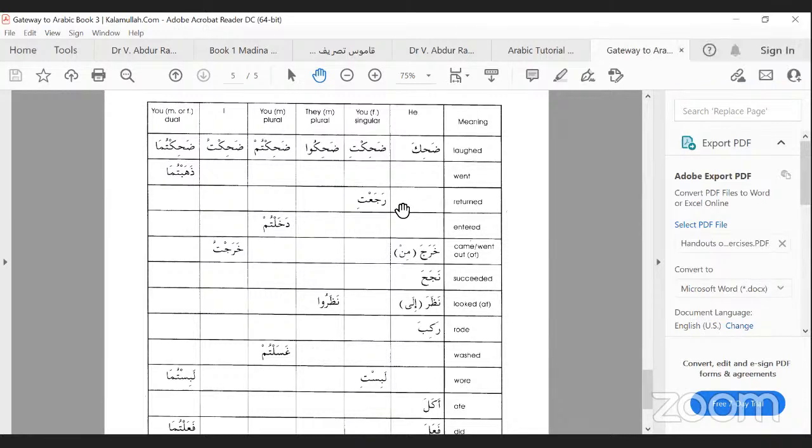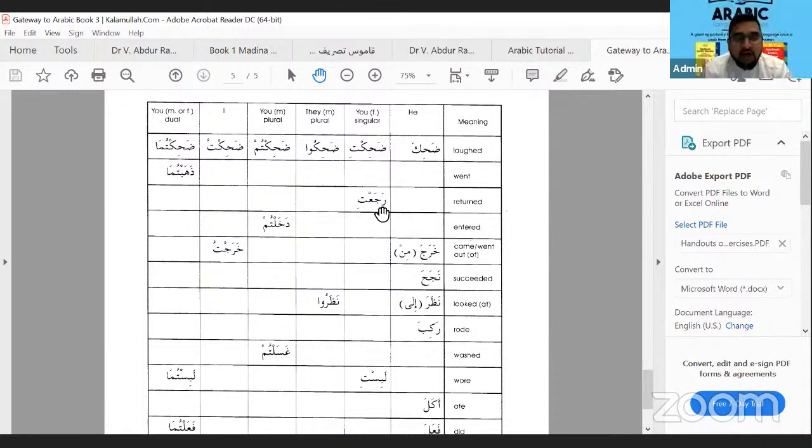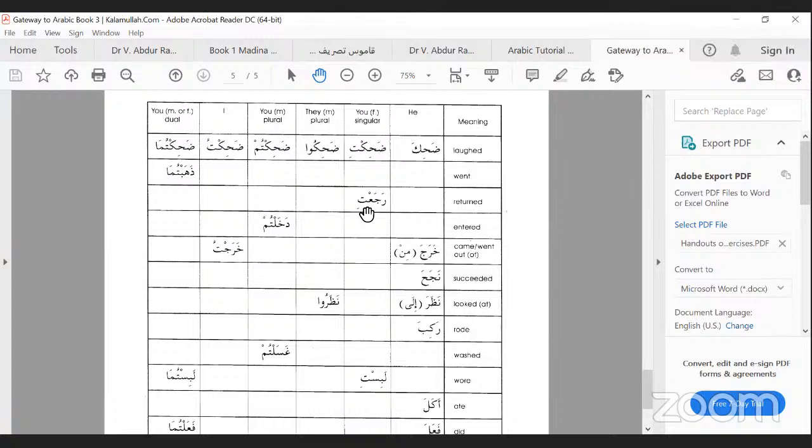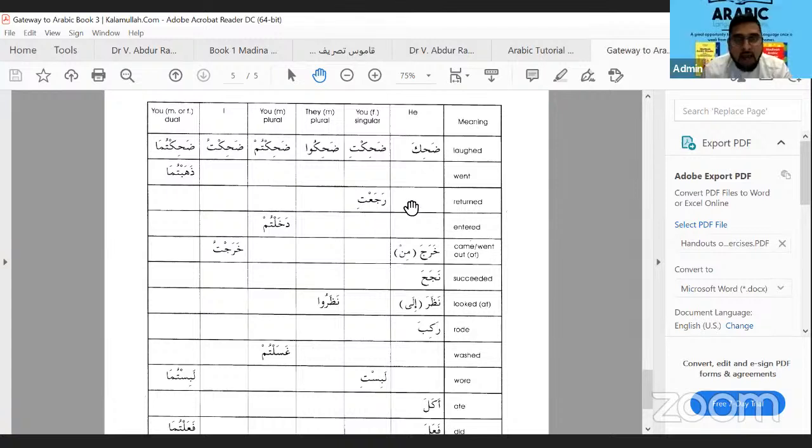Okay, assalamu alaikum. Now, next one is Raja'ti. The word Raja'ti means return. So Raja'ti means you, one female, returned. One girl returned. How would you say he returned?